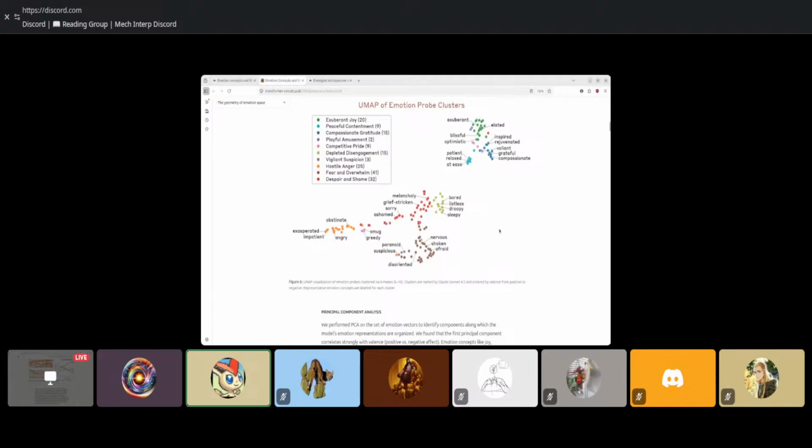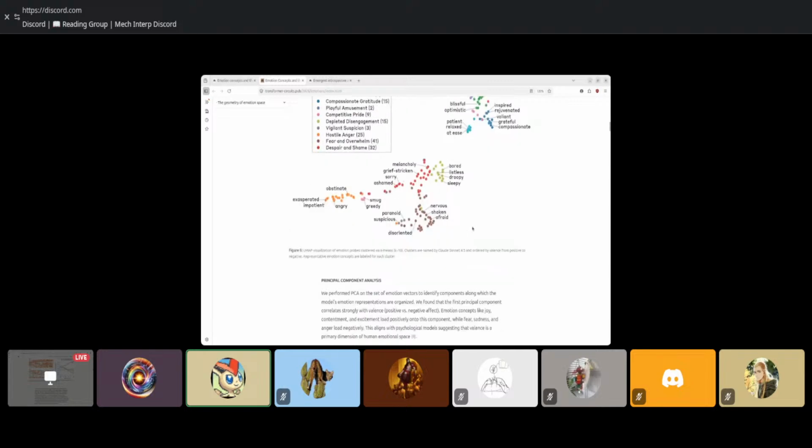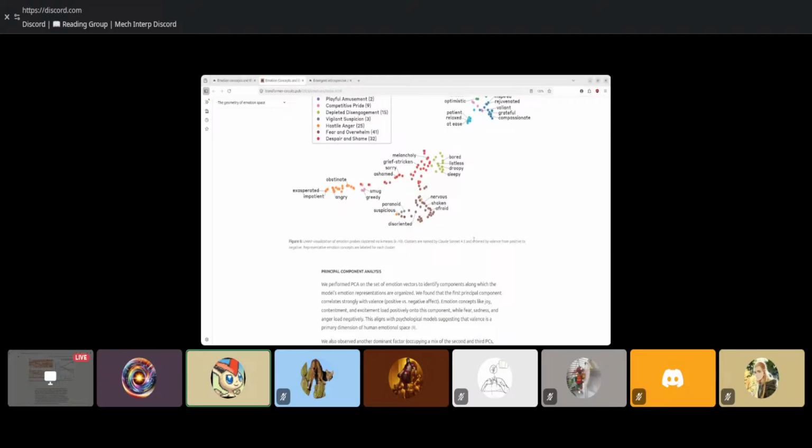Maybe the model has fewer emotions. Maybe it doesn't have three emotions here, it just has a peaceful contentment emotion, and different words activated the same one. Maybe in the red part there are more differences, like between shame and melancholy. Obviously there's a difference between shame and melancholy. So I don't think you can necessarily count how many emotions Claude has from this.